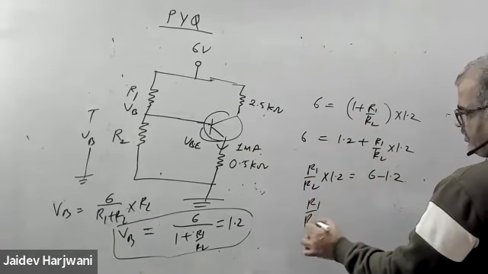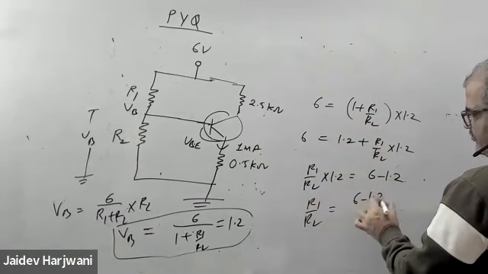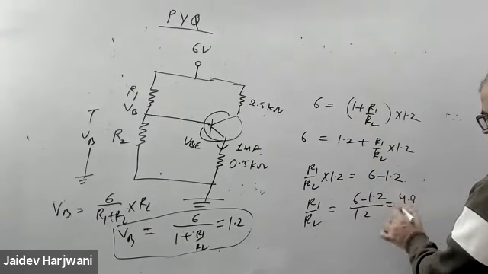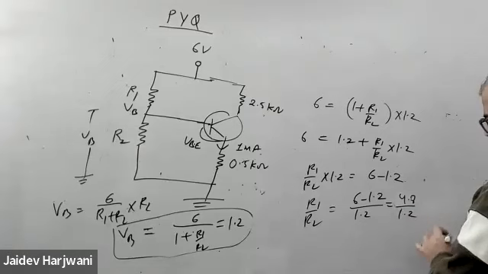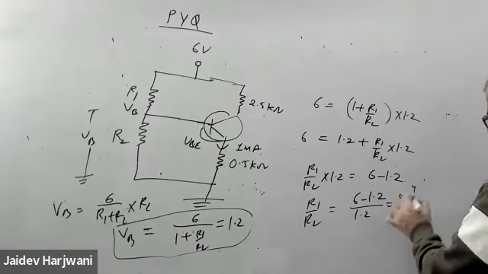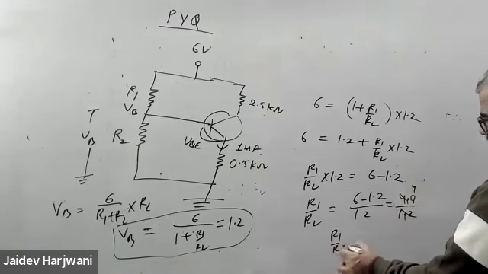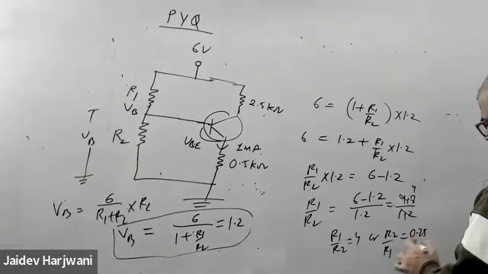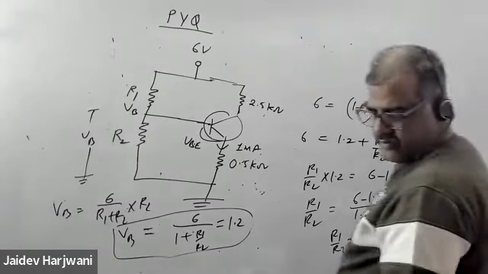So R1 upon R2 will be (6 minus 1.2) upon 1.2. This becomes 4.8 upon 1.2, so this becomes 4. So R1 by R2 is 4, or R2 upon R1 is 0.25 ratio.